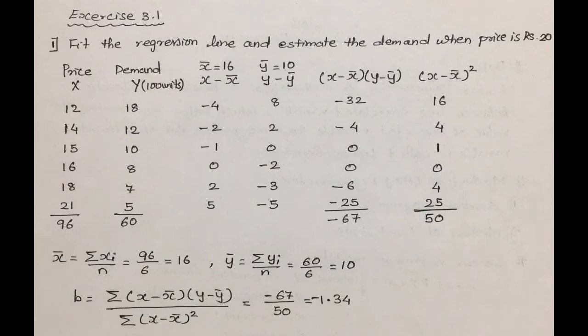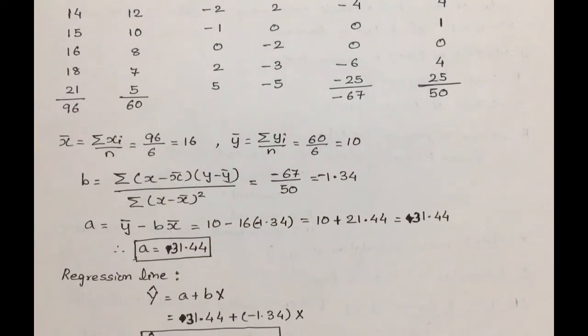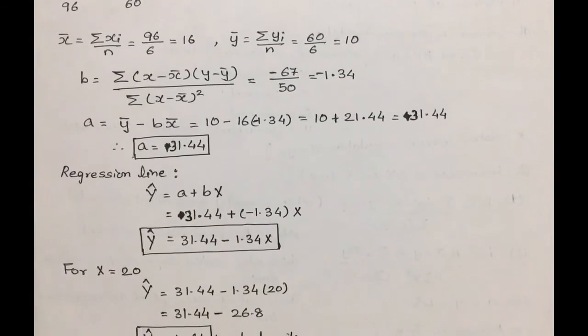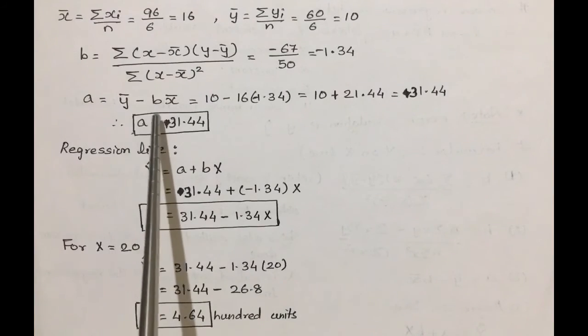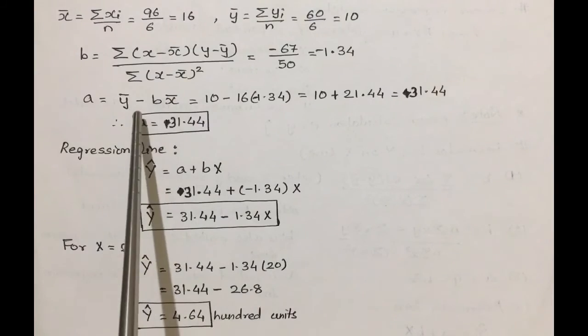Now after calculating the value of b, the next thing to be calculated is a. For that, we have to take the formula of a as y bar minus b x bar. This is the formula for calculating a.